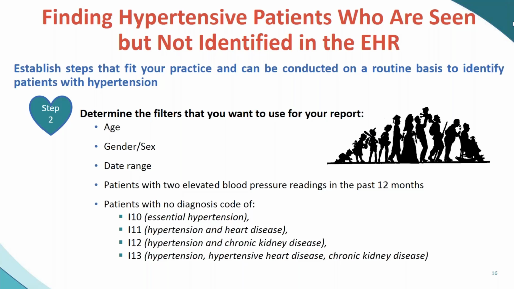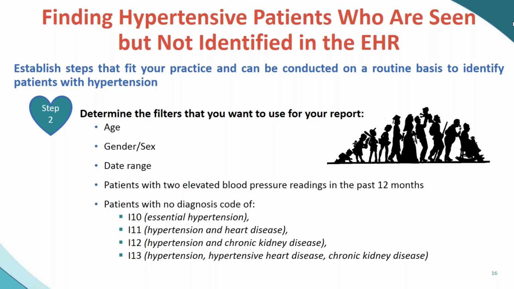So it is really important that if you can find these patients that are sitting in your EHR and you have identified them as ones that have 2 elevated readings or that have 1 that you need to check on again, you want to go back in and make sure that that is coded on their diagnosis list, because if it is not, you're never going to be able to recapture that as part of your patient registries on hypertension.